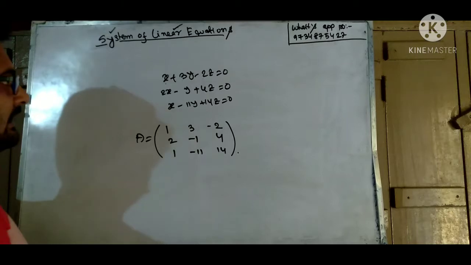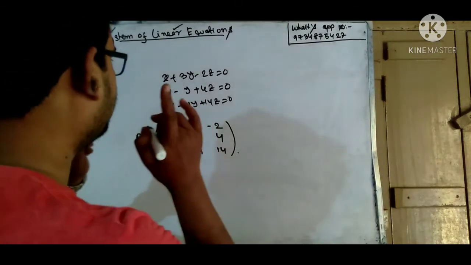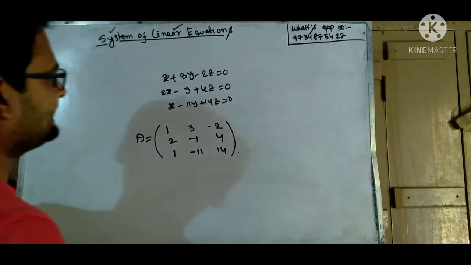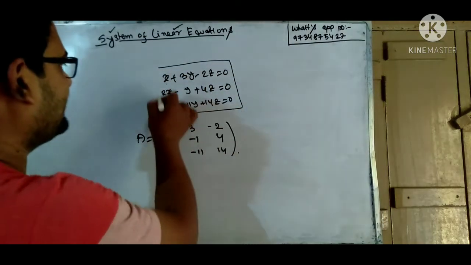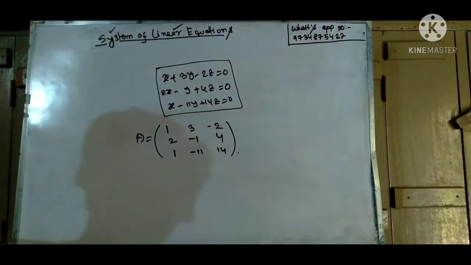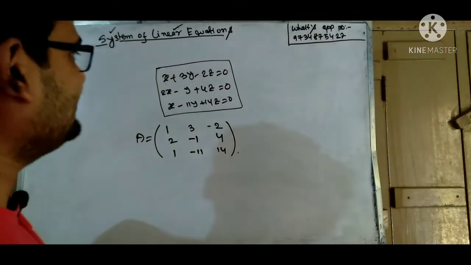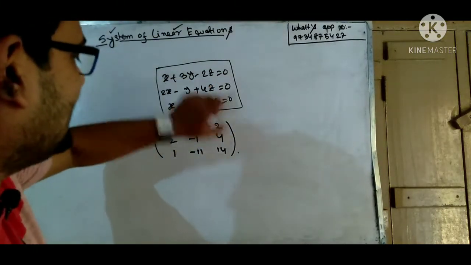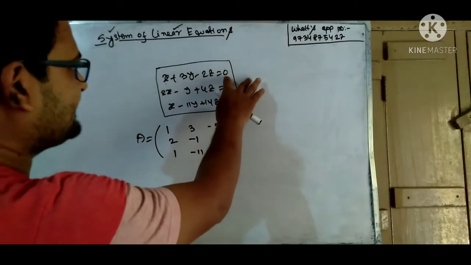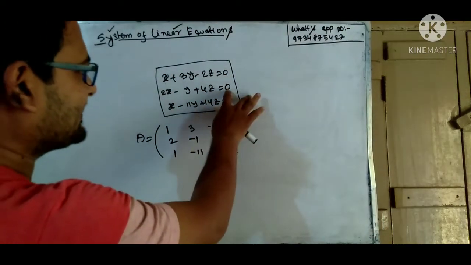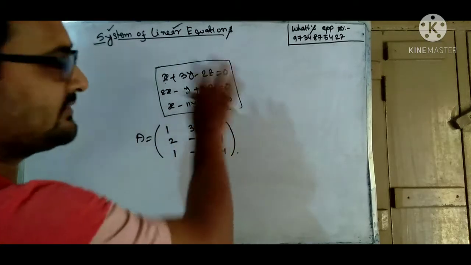Now, here I would like to say something before solving the system of linear equations. This is a homogeneous system of linear equations. Why? Because all the constants in each equation are 0. In the first equation the constant is 0, in the second equation the constant is 0, in the third equation the constant is 0.